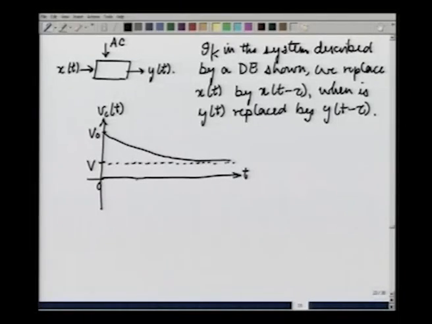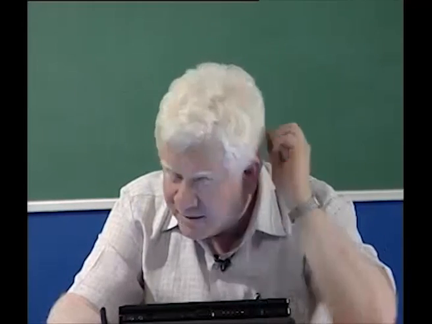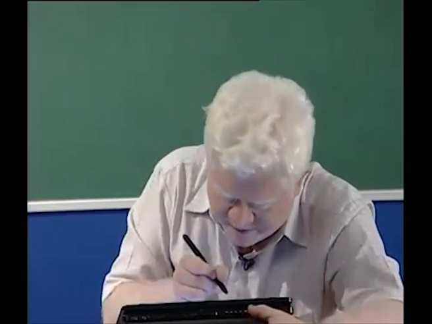Let us say at some time tau. Suppose we switch this on at some time tau. Then let us see what is going to happen. This capacitor, since the switch was open till t equal to tau, the capacitor voltage will be maintained at V0 till this point of time, and subsequent to this it would follow the same track as the previous function did.